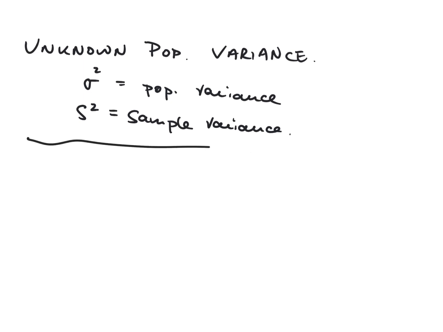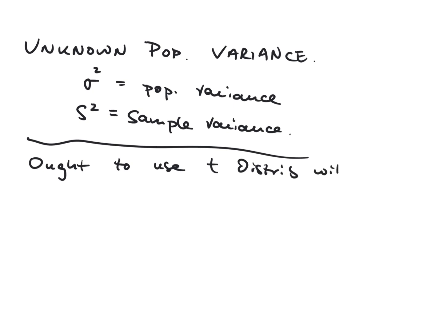So the sample variance is different from the population variance. Now, in principle, we ought to use the t distribution with the sample variance. However, it doesn't make much difference in a large sample.